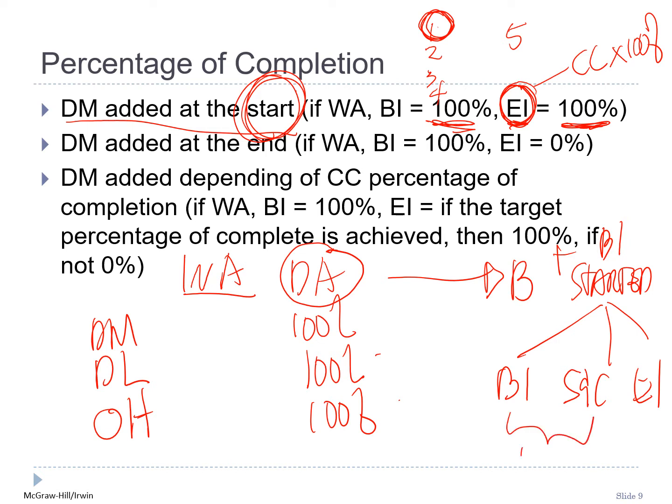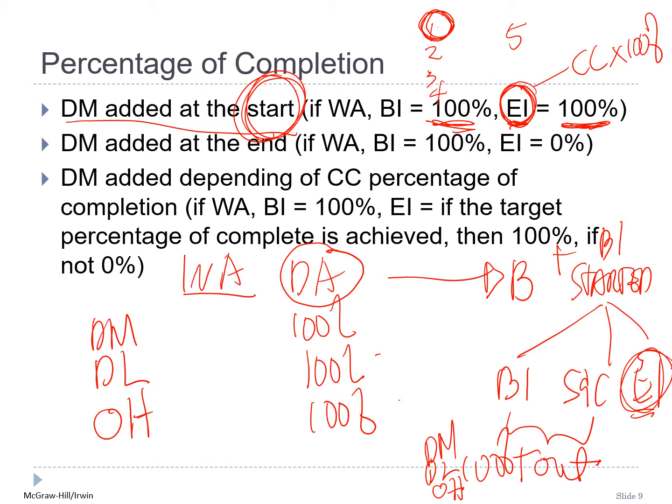Ito yung napupunta sa transferred out. Ibig sabihin, 100% complete na yan as to direct materials, direct labor, tsaka overhead. Pero itong ending inventory, pwedeng 100% complete siya for direct materials, kagaya nga nung unang scenario, na yung direct materials is added at the start. Pero, nasa ending inventory siya, kasi in terms of conversion cost, di pa siya 100% complete.